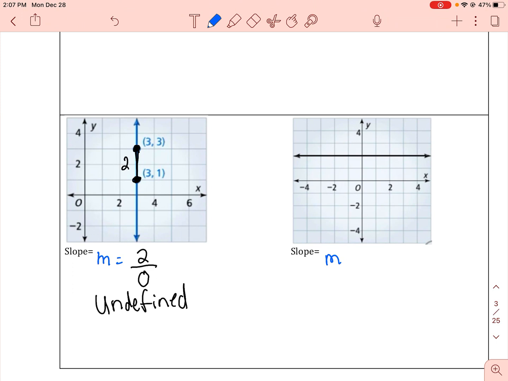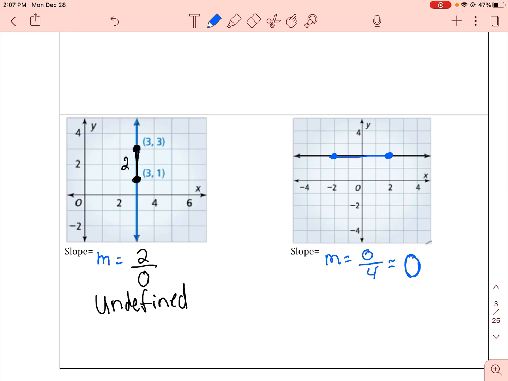So let's find the slope of a horizontal line. If I pick any dot on the left and any dot on the right, it's hard to create a slope triangle here because I do not go up or down. So I have 0 rise, but I have a run of 4. 0 divided by 4 is 0.